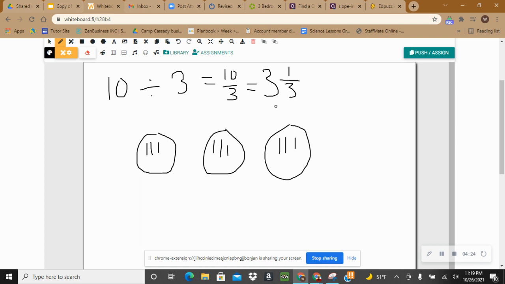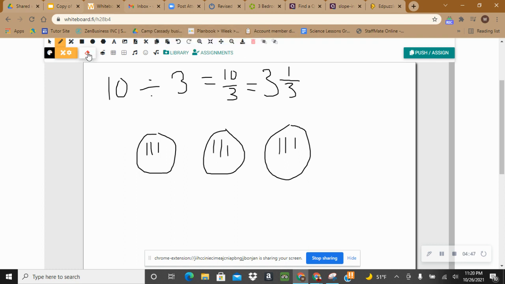So 3 1/3 is my answer there. So I took the 3, made it my denominator into my circles. These are my batches. Then I put 1 in each one evenly until I couldn't do evenly anymore. All right. So 3 1/3 is the answer for number 1.